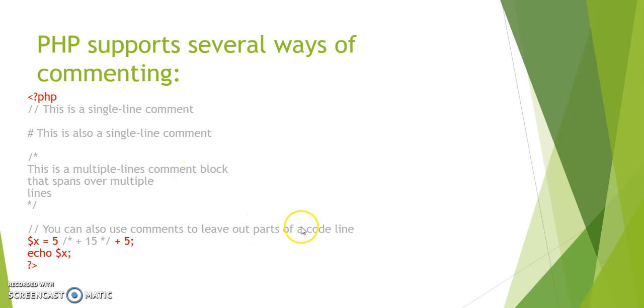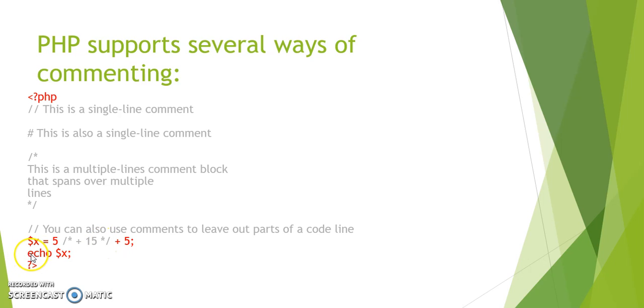We can also use multiple line comments to leave out part of our code, just like this example here. We define a variable x and then assign 5 plus 15 plus 5. But then we no longer want to use plus 15, so we comment it out.